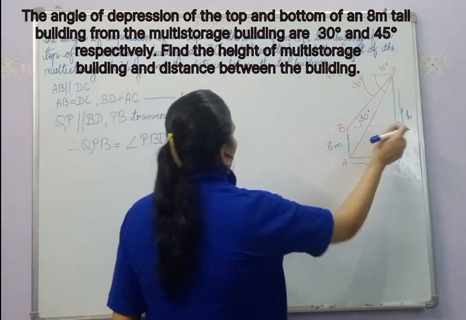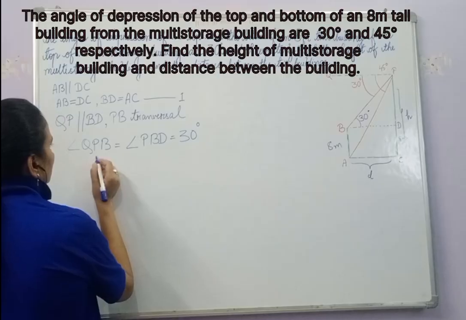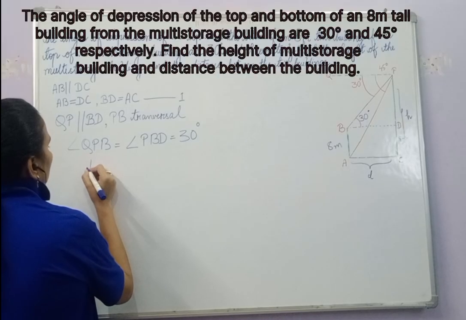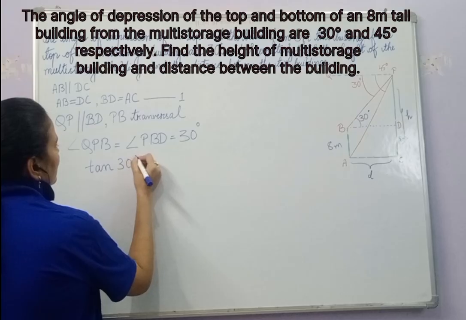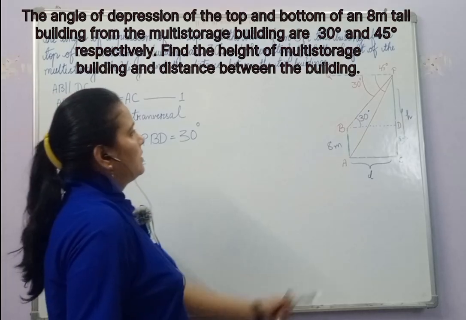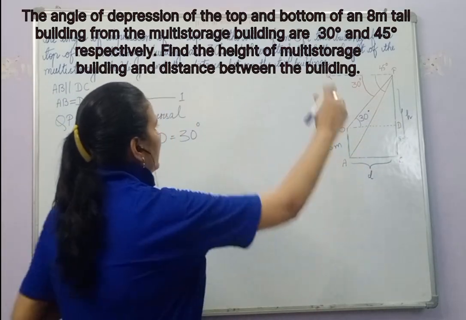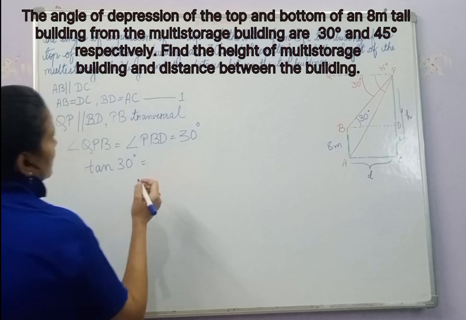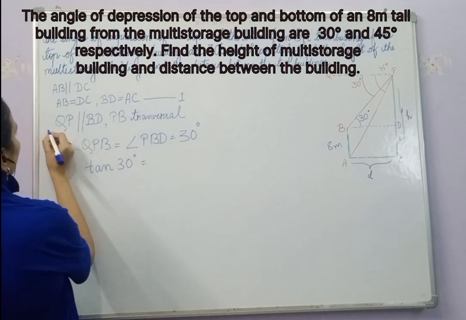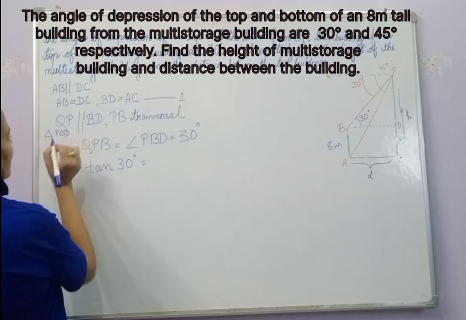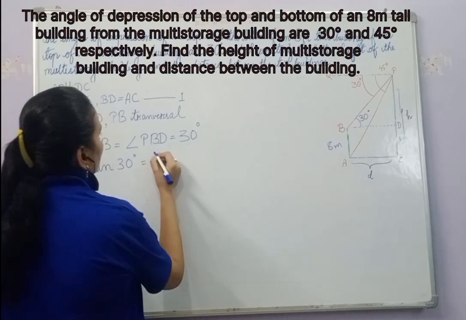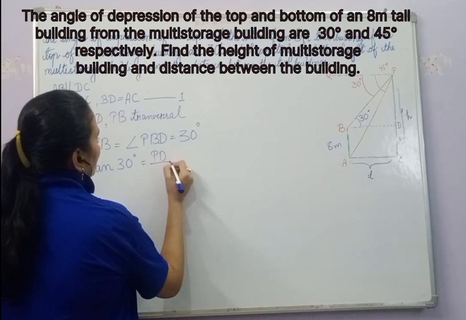So here I can also write tan 30 degree is what? Perpendicular upon base. In triangle PBD that we have taken, it will be PD by BD.